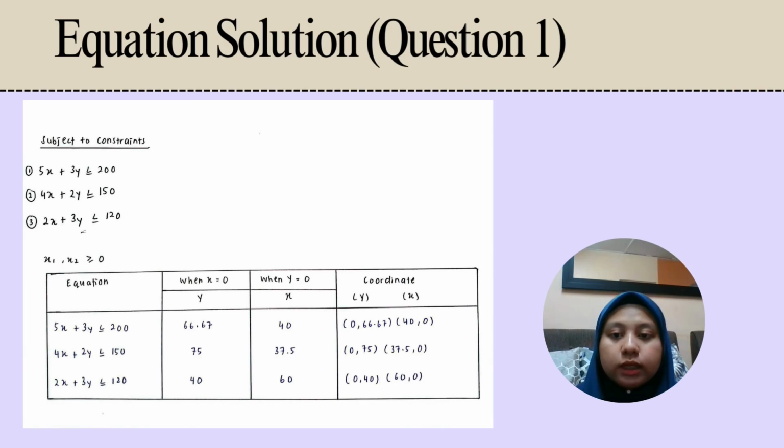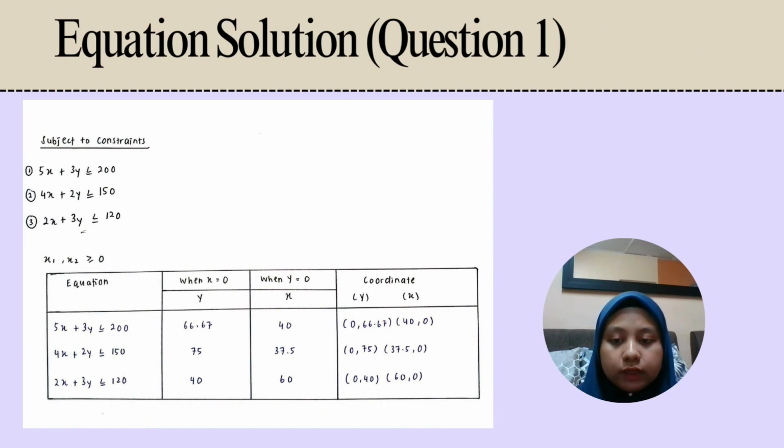The first one is labor. The constraint is 5x plus 3y less than or equal to 200. Number 2 is fertilizer. The constraint is 4x plus 2y less than or equal to 150. And the last one is pesticide. The constraint is 2x plus 3y less than or equal to 120. These inequalities ensure we don't exceed the available resources.